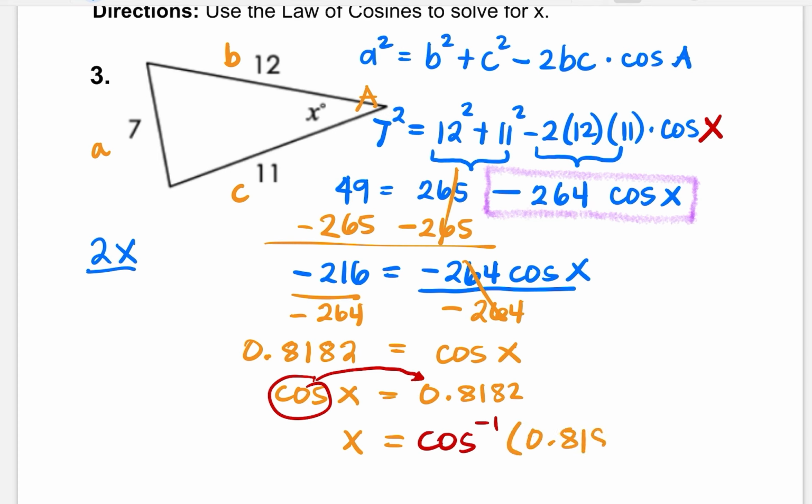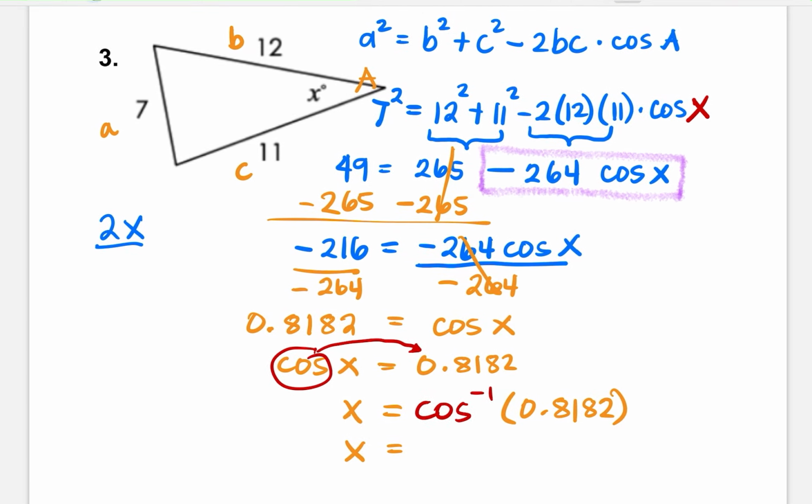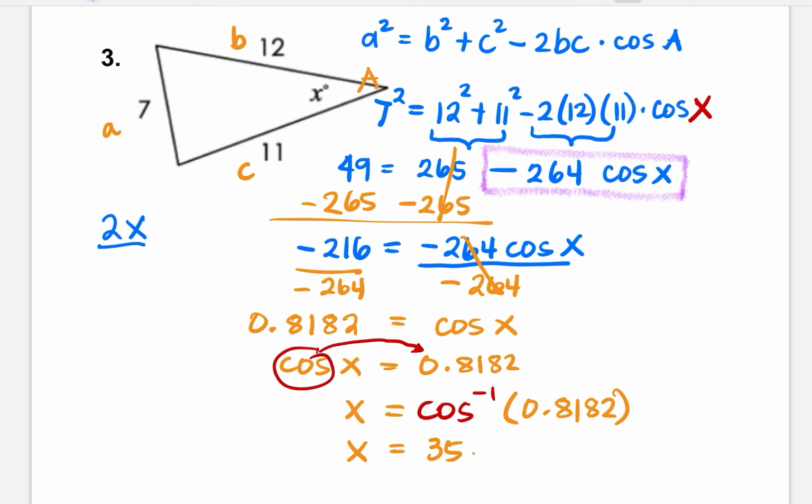We type this in our calculator. If we are to use tenths place, then our answer is going to be 35.1 degrees, or 35 degrees if we're to round it to the nearest integer.